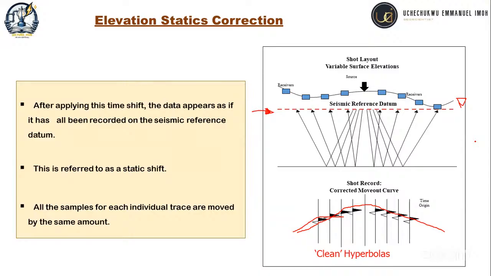If the data is from an inland basin like the Anambra Basin, Bida Basin, or Benue Trough, your reference datum will not be zero because you are some meters above sea level, so they will choose a reference datum that is above sea level.